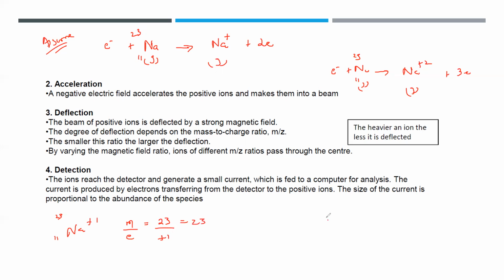But for sodium +2, the mass is 23 and the charge is +2, so it will be 23 divided by 2, so we'll get 11.5. Sometimes we might get these peaks as well due to removal of two electrons, but we assume that only one electron is removed.